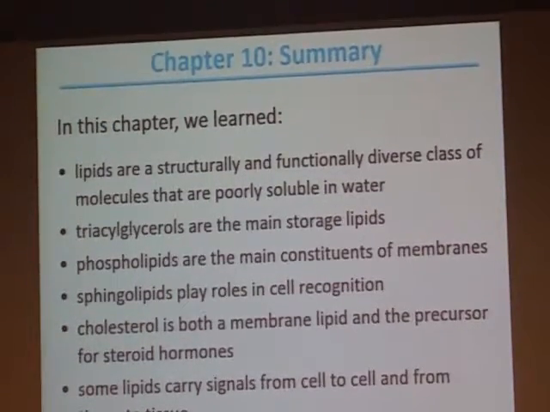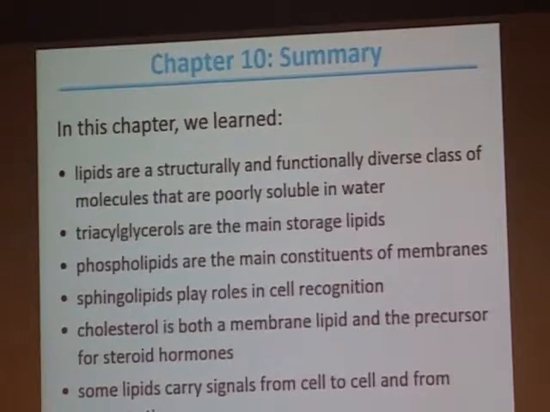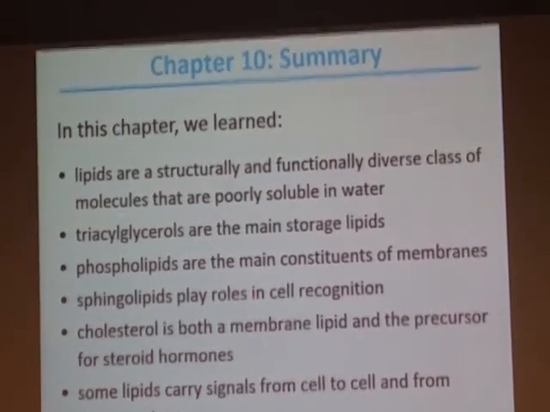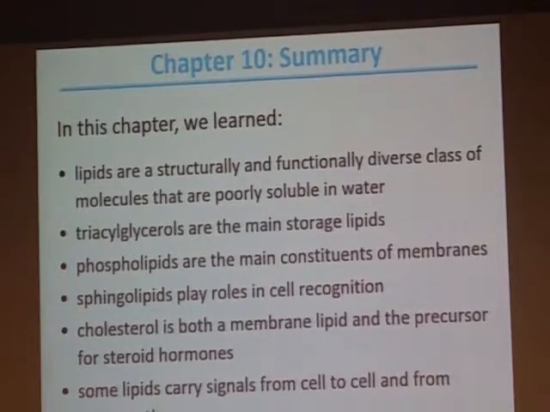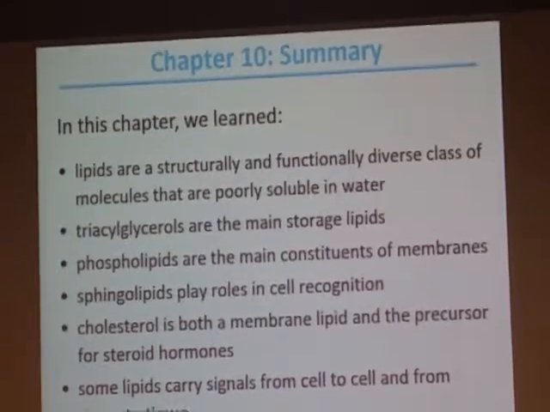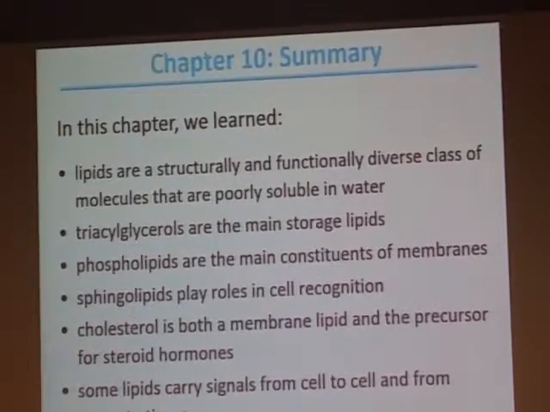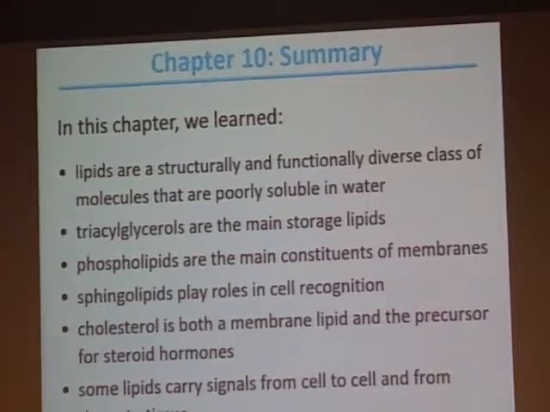Triacylglycerols are the main storage lipids. We talked about that. We talked about sphingolipids, which are important components of the membrane. We talked about sphingolipids, which are important for cell recognition, right? They're found on the exterior of the cell membrane, and these are often glycosylated, right? And so that's where you get like your differences in blood types that we've talked about.